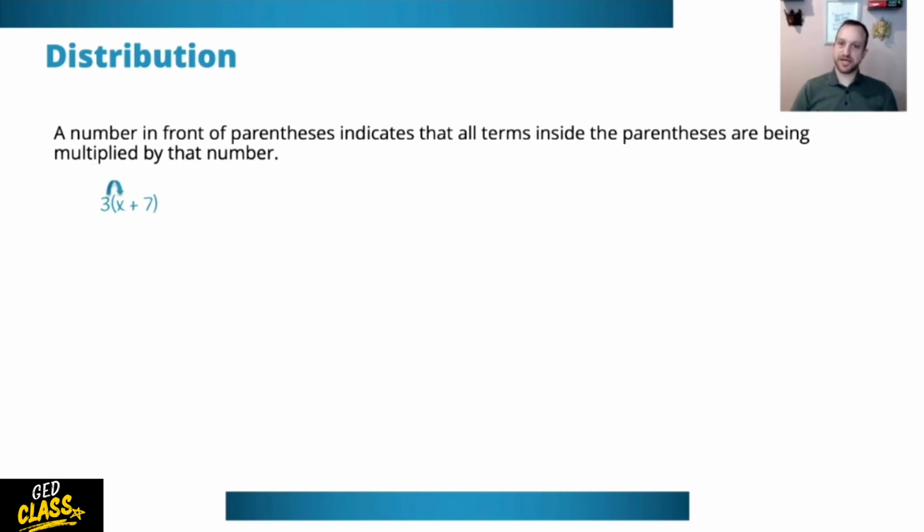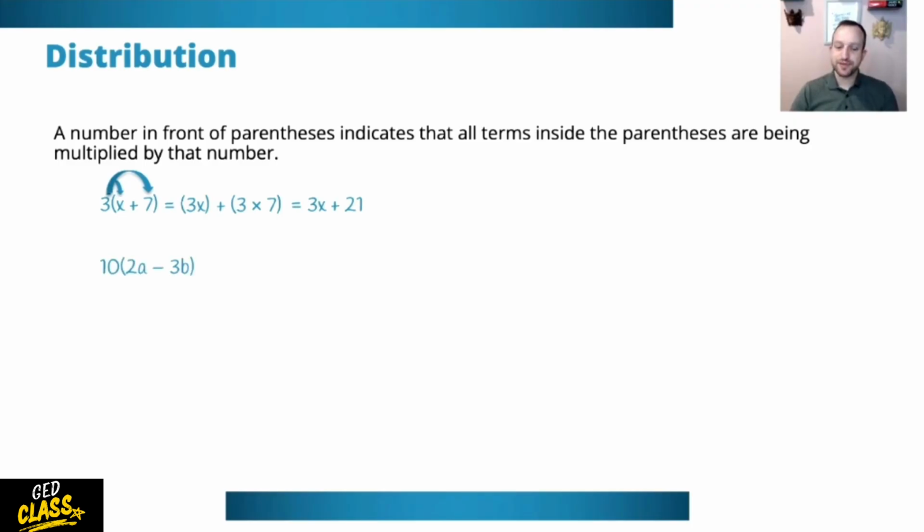So 3 times x definitely is the first part. That gives us 3x. But then 3 times 7 is the second piece, which gives us 21. 3x plus 21 is the entire distributed step. Then we could do whatever else the problem requires, maybe solving, maybe simplifying, something else.